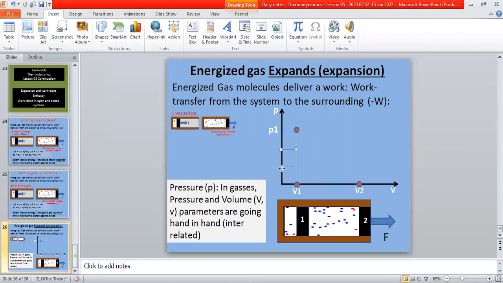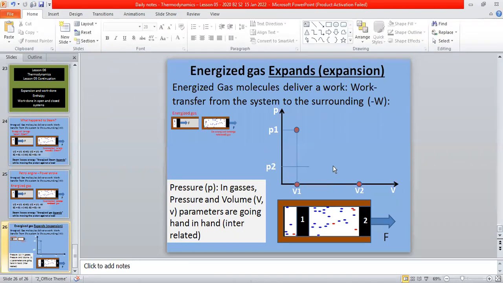Another one, when this moves to P2, 2 level, the pressure drops. The volume, or the space the same gas occupies, increases. Okay, interesting.